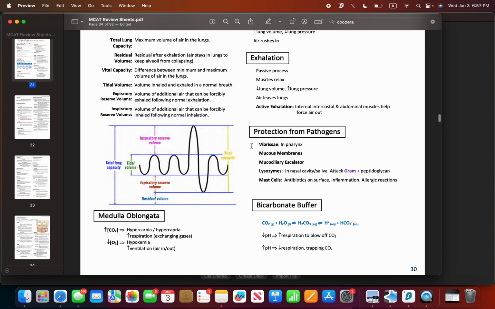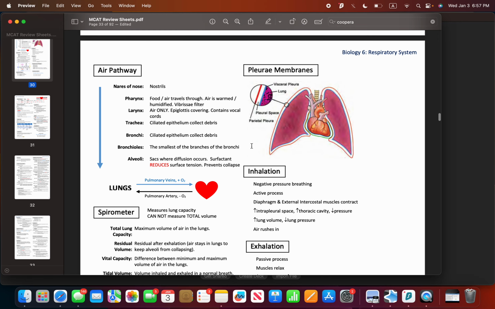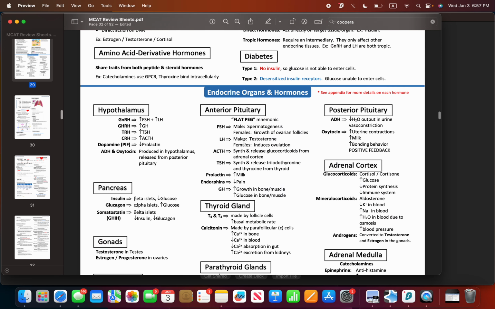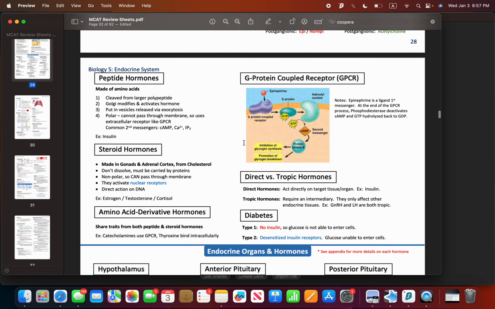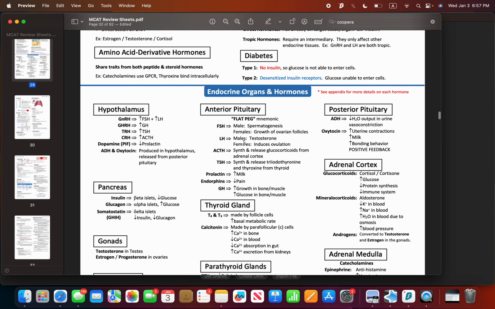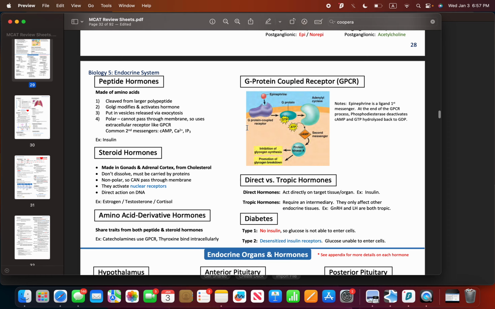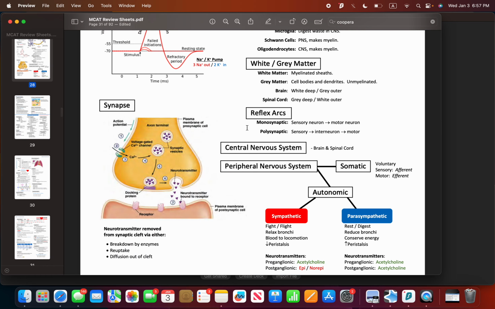Now we need to know that before the cardiovascular system, we had the respiratory system, and I have not gone over this yet, so we can do this later. And we have the hormones. I have studied some of that on my own, but we will go over this in depth as well.